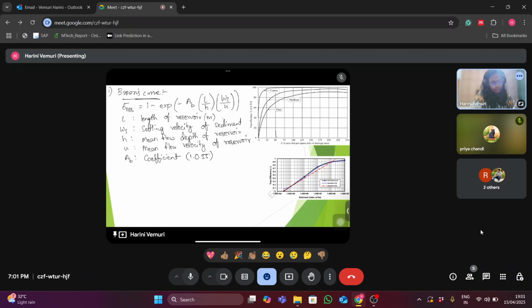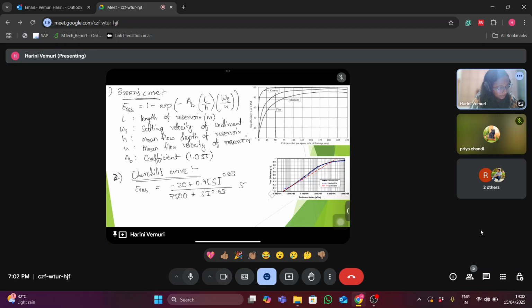Okay. And the next one, we have Churchill's curve. In this, we have multiple equations where E equals minus 20 plus 0.95 SI to the power 0.63, divided by 7500 plus SI to the power 0.63.